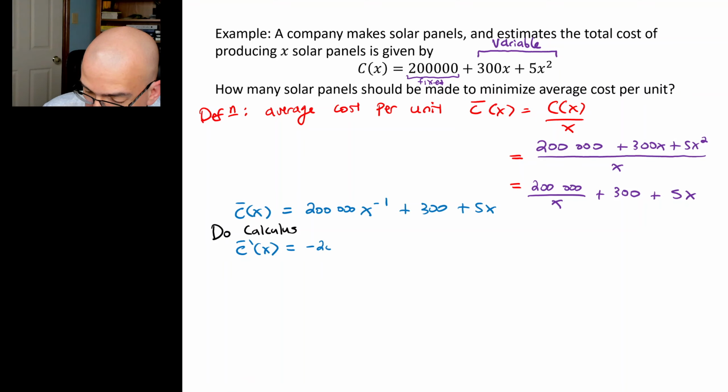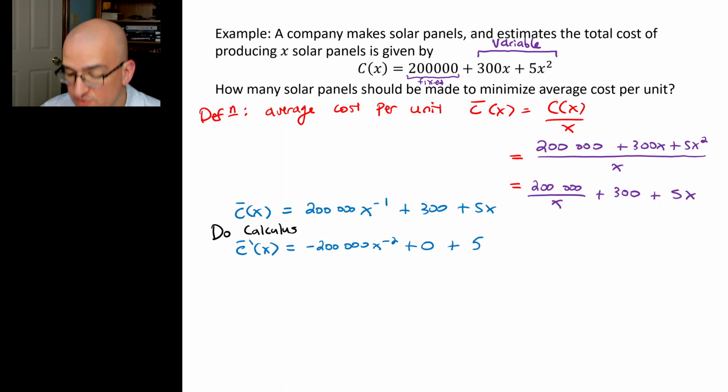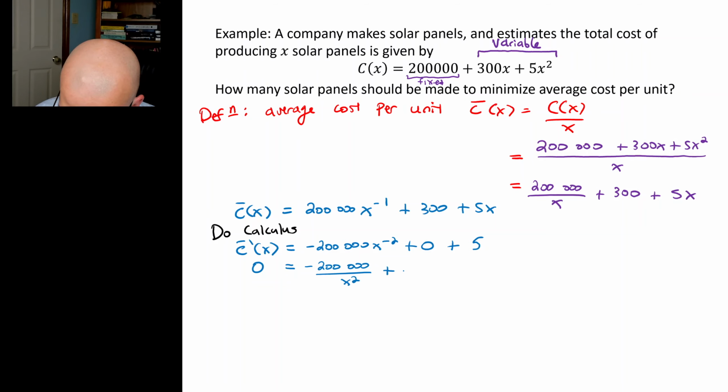We get negative 200,000 x to the power of negative 2 plus 0 plus 5. We set the derivative to 0: negative 200,000 over x squared plus 5.